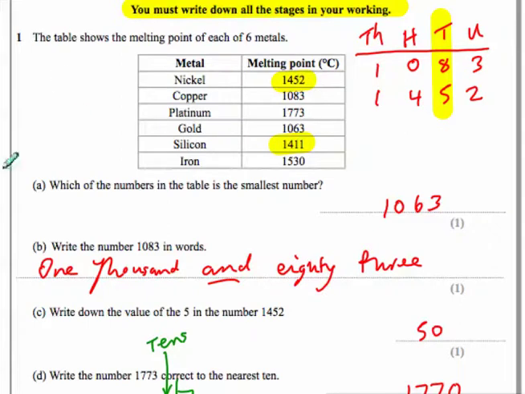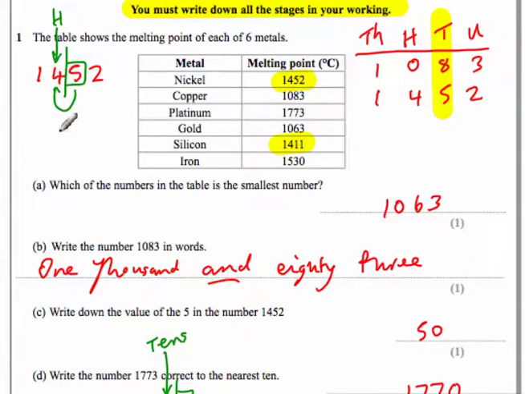Let's have a look at that then. So we'll take them one at a time. 1, 4, 5, 2. Now, let's see. These are the hundreds here. So the 5 tells us that we need to round the 4 up.